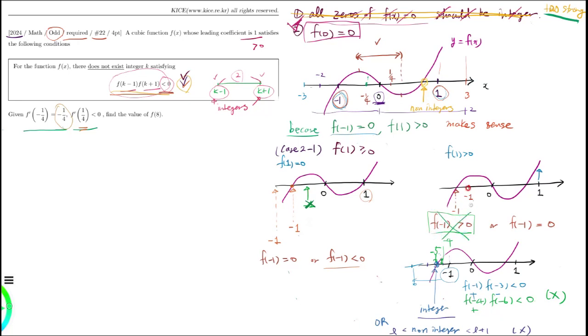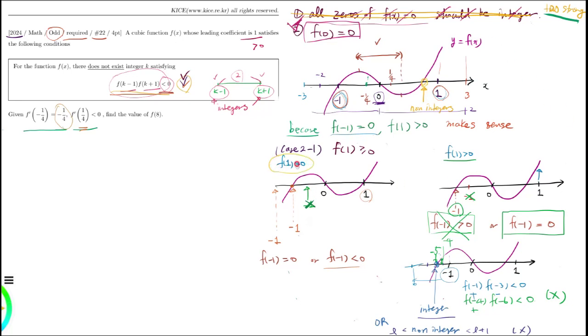So for the case of a positive f of 1, the value of f of -1 should be 0 here. So this is the case. So let me summarize.